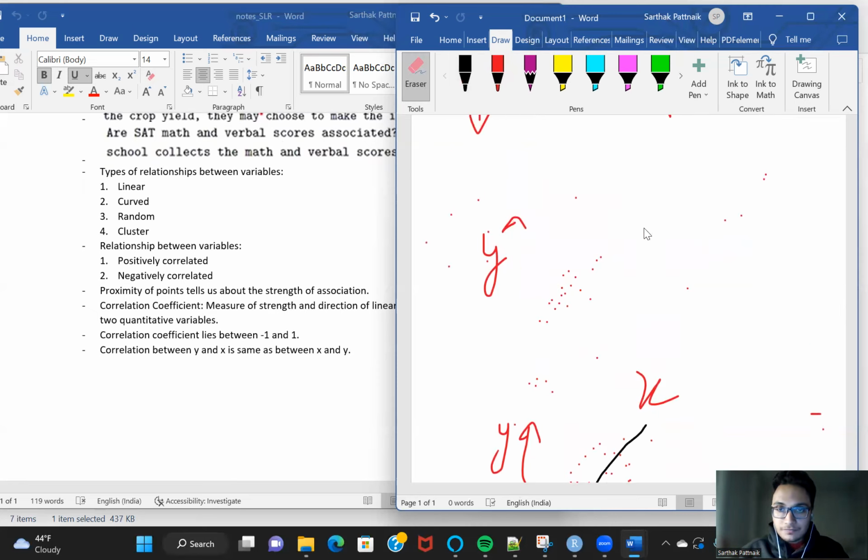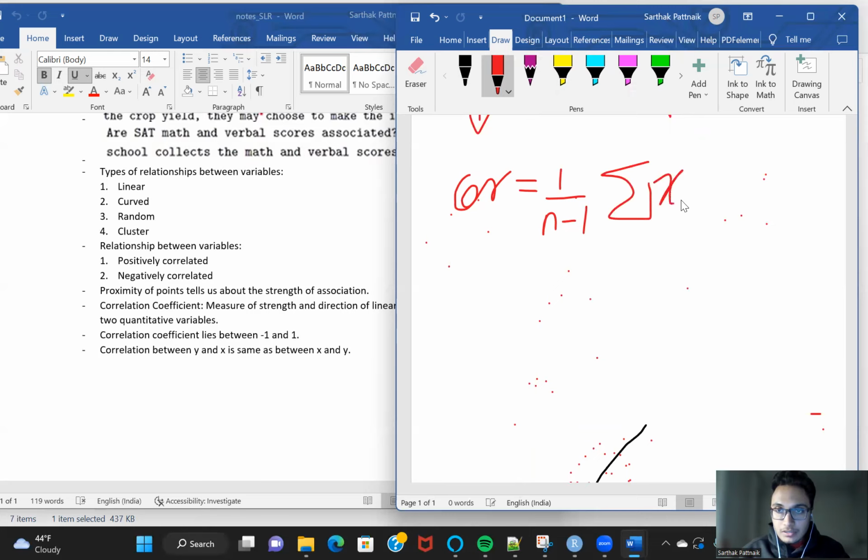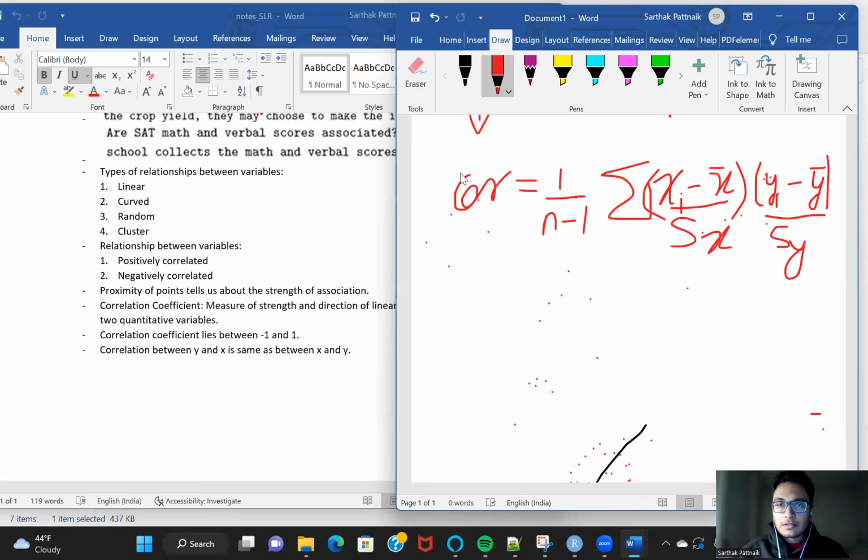Mathematically, this is given by 1 upon n minus 1, summation of (xi minus x bar) upon sx, times (yi minus y bar) upon sy.